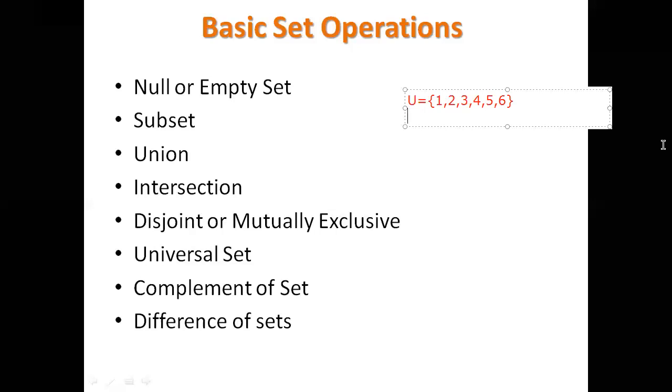Next, the complement of a set. Suppose A is equal to 1, 2, 3, 4, and the universal set is 1, 2, 3, 4, 5, 6.